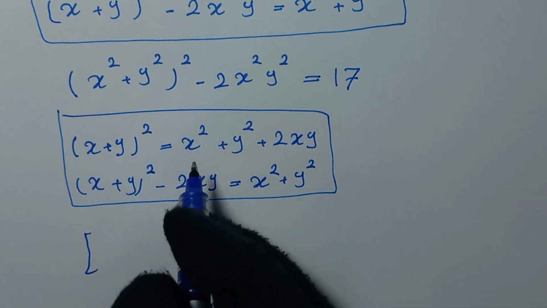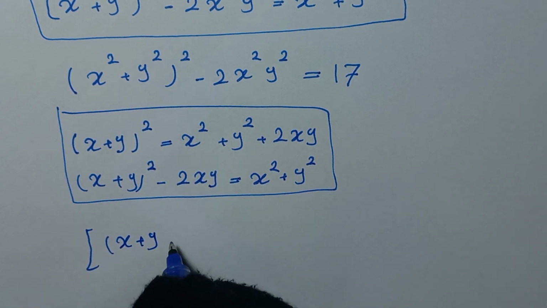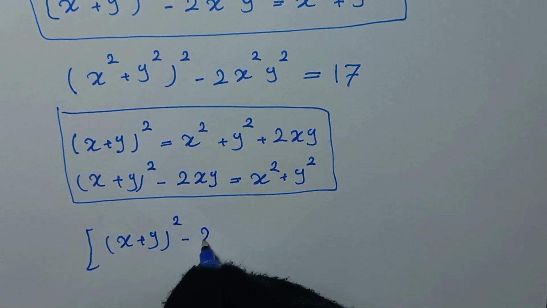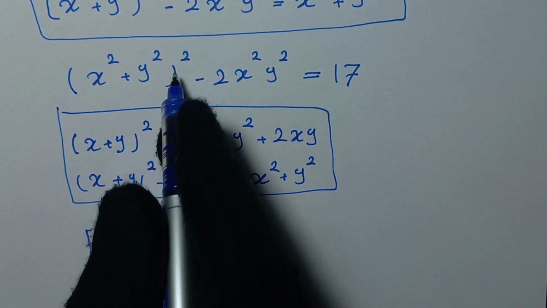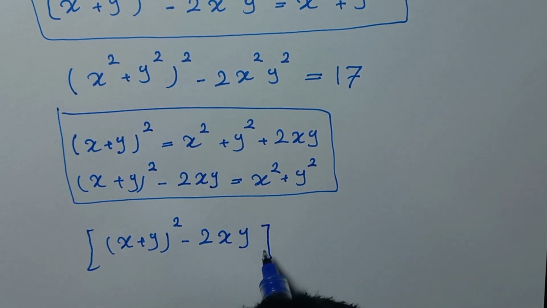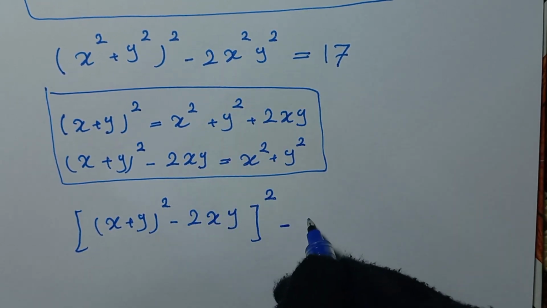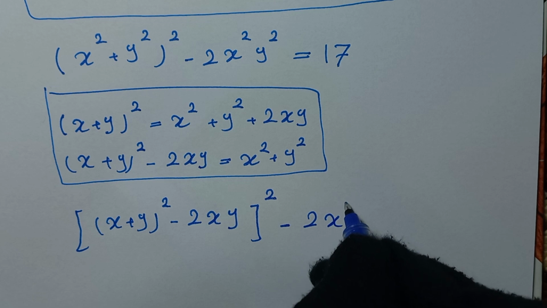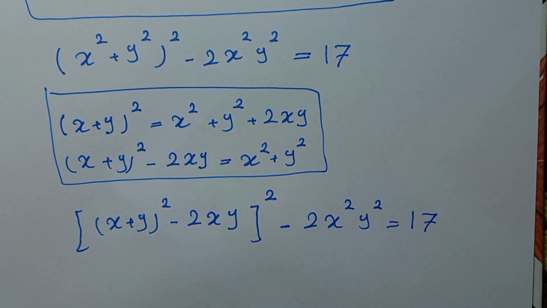So, we substitute in this equation x squared plus y squared, we write (x plus y) to the power of 2 minus 2xy, and to the power of 2, minus 2x squared y squared is equal to 17.